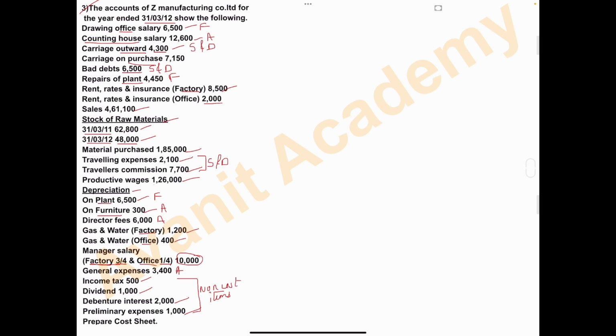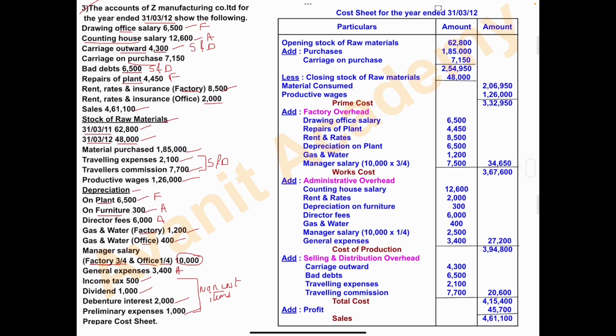Clear this problem? Let's prepare the cost sheet for the year ended 31st March 2012. Write the heading: Cost sheet for the year ended 31st March 2012. And the columns are particulars, amount, amount. First, what we have to take?